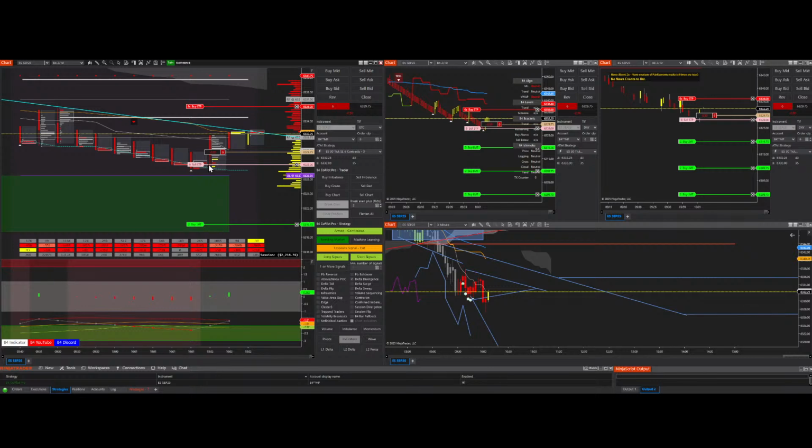I'm thinking this is going to start turning on us. Right at the zero line, it may be the pullback and the continuation to the downside. I have to wait and see here.